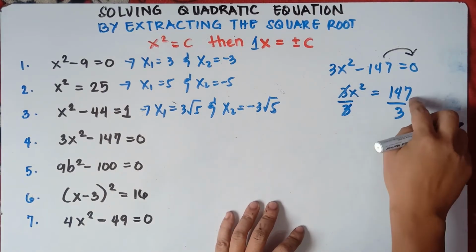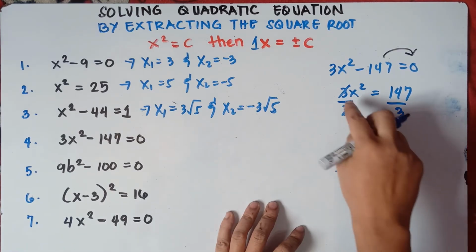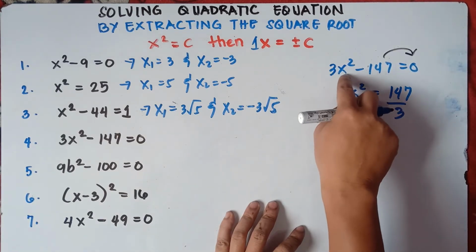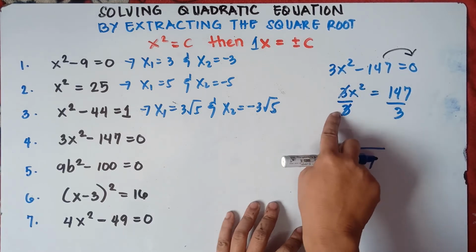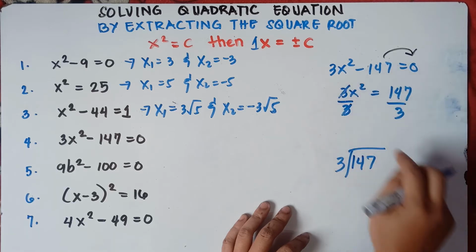So cancel this out, and then 147 divided by 3. Once again, we divide this equation because the number before x squared should be 1, so that when we get the square root, we can simply cancel the square.